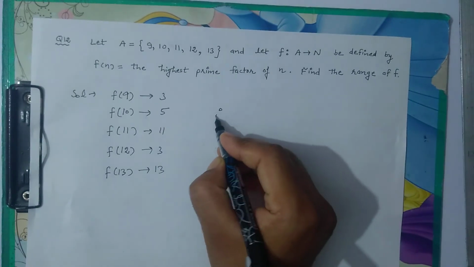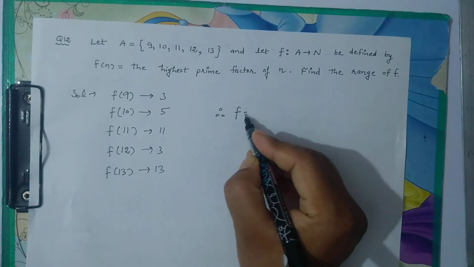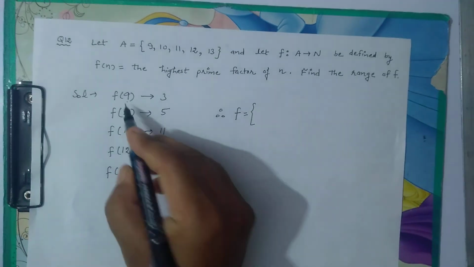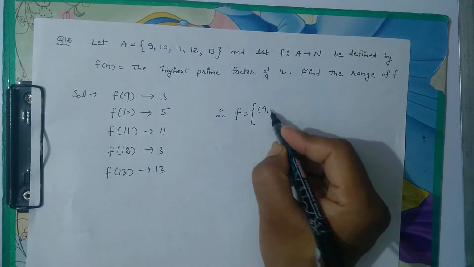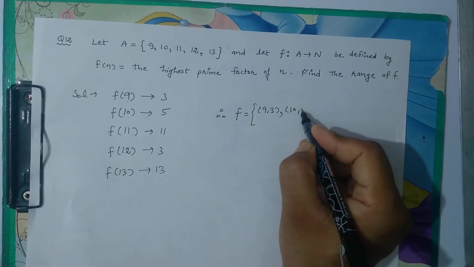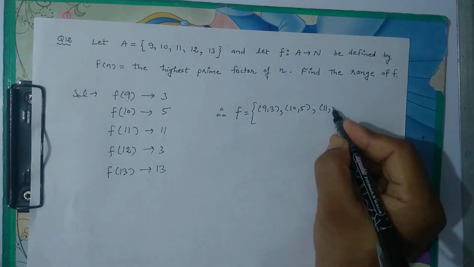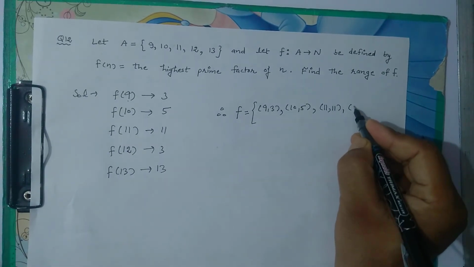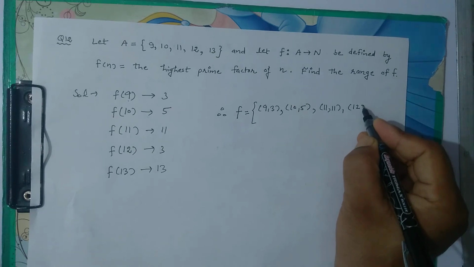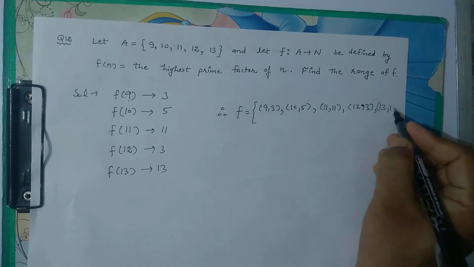So what we can say here is f is a mapping having the ordered pairs (9, 3), (10, 5), (11, 11), (12, 3), (13, 13).